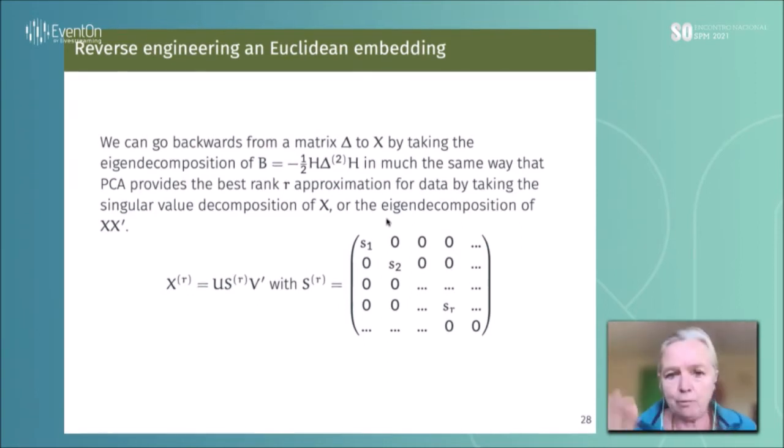So you could start off with a distance between trees, which is a distance in a CAT(0) space, and you can still make a Euclidean approximation to those distances.